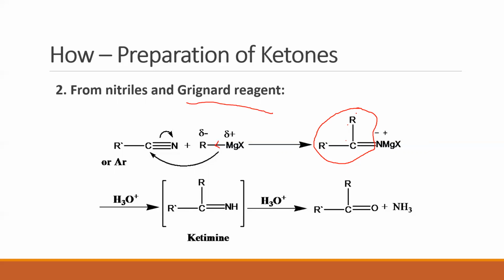All we need to do in the next step is remove this NMgX and introduce oxygen. That's what we will do by adding acid in water. This is basically acid hydrolysis. When you add an acid in water, you get the resultant hydronium ion H3O+, which will convert this into a ketimine.